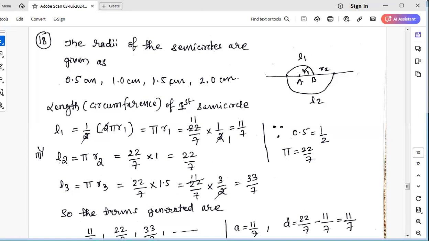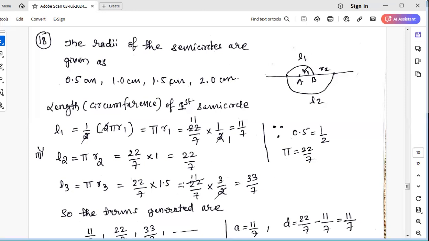Second term, similarly, for the second semicircle, directly the formula is pi R2 to get its length. Pi is 22 by 7 into R2, the radius, that is 1 centimeter. So it is 22 by 7. Go to semicircle 3, pi R3 is the formula. 22 by 7 is the value of pi into R3, which is 1.5 centimeter.